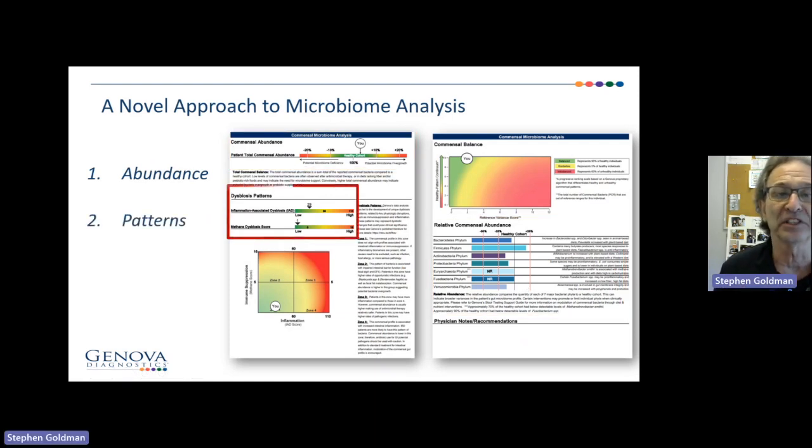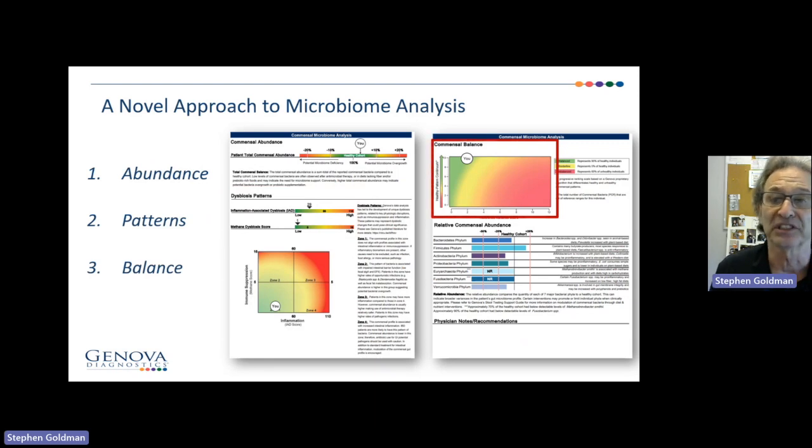Various patterns that emerge, these dysbiosis patterns, the IAD, inflammation-associated dysbiosis score, the methane dysbiosis score based on in-house Genova studies. And then finally, balance. Where does your patient stand based on these findings statistically? Healthy, less than healthy, unhealthy individuals. So all of this is data-driven statistical analysis to get a better feeling as to what these findings mean.